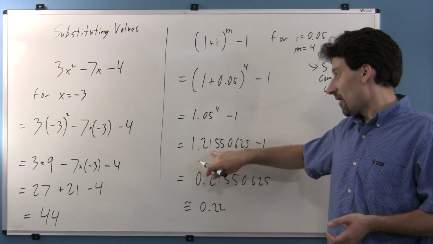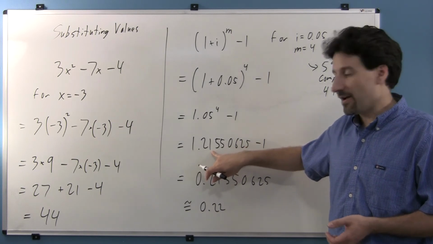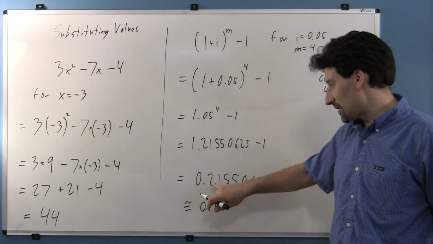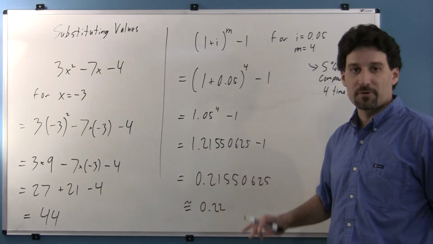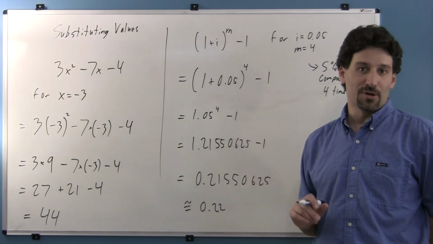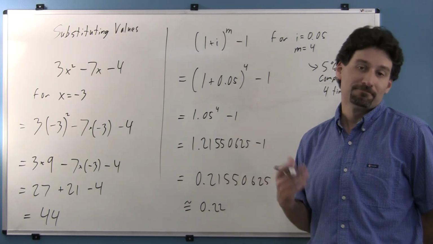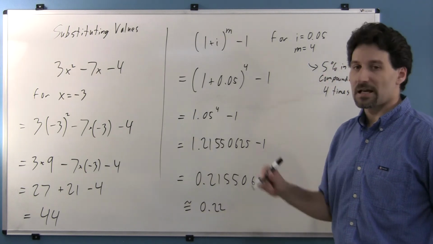If you turn this into a percentage, that'd be 21.55% over the course of the 4 years. So not just 20%, you'd earn that extra 1.5%. So, yeah, it's neat. It actually has a physical meaning.